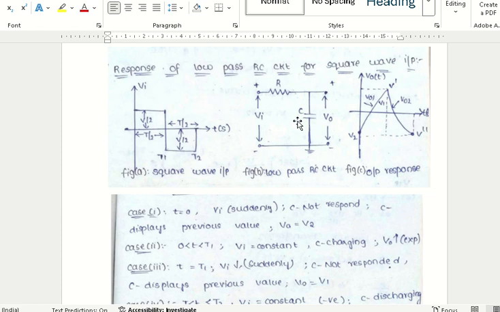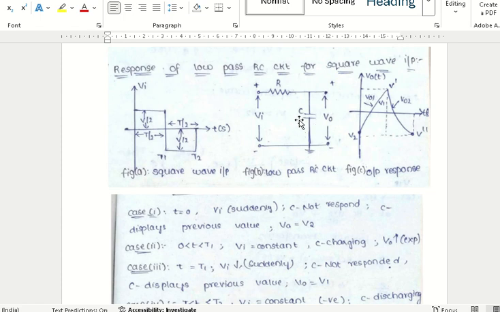That means it simply does not respond to the input signal, and the output voltage displays the voltage across the capacitor in the previous state. Whatever value it had in the previous state, the same value appears across the capacitor, and that voltage appears as the output V0.